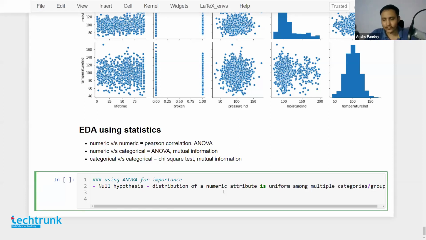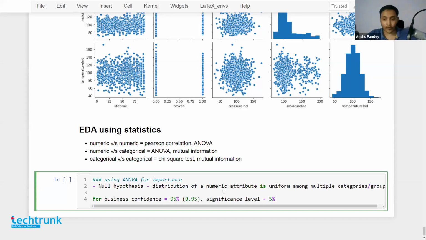For a business confidence of, let's say, 95%, which is like 0.95, you can say the significance level could be 5%, and we can look at the p-value.